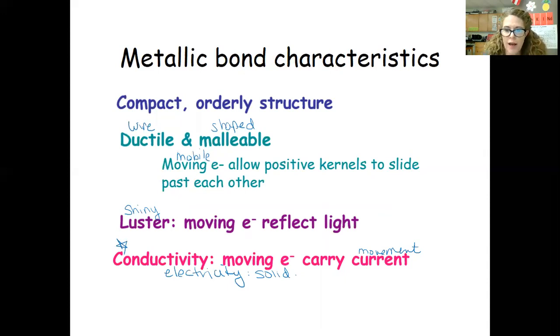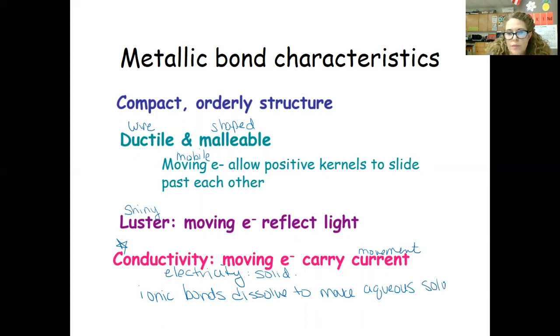So remember, your ionic bonds, when they dissolve in water, they split into ions. And let me just jot that down over here. So ionic bonds, just as a quick review, dissolve in water, and that makes an aqueous solution.